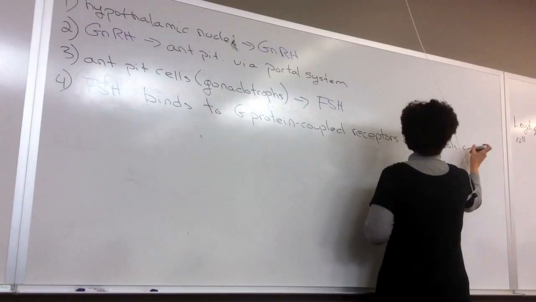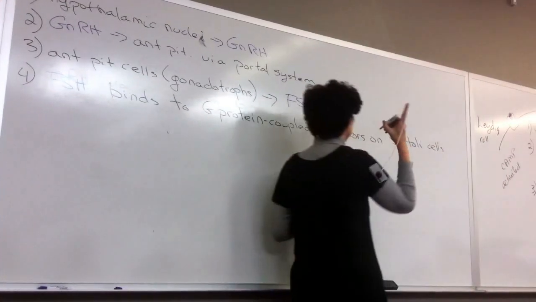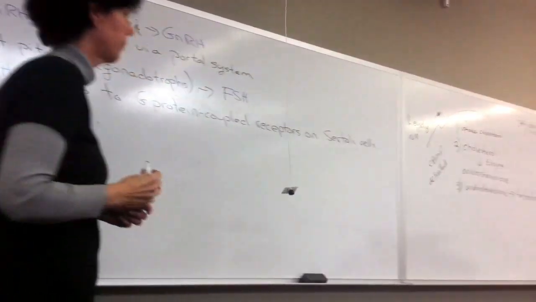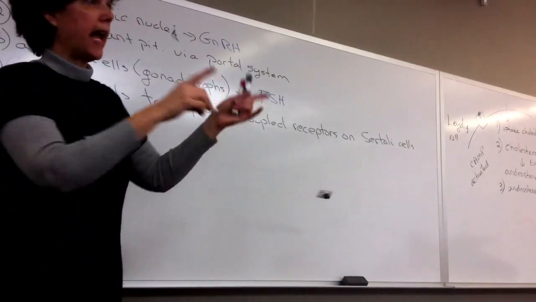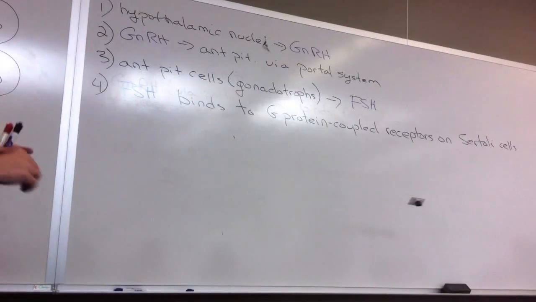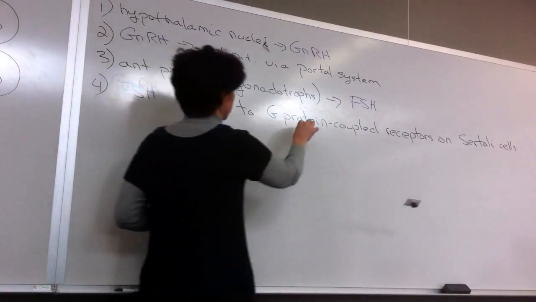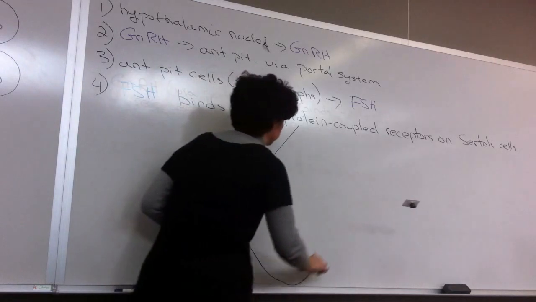Sertoli cells are shorter, right. So testosterone passes through the plasma membrane of the Sertoli cells. FSH is binding to a membrane receptor.